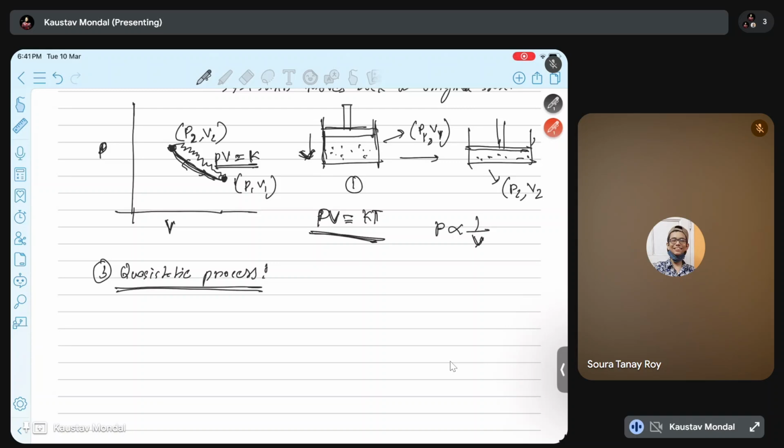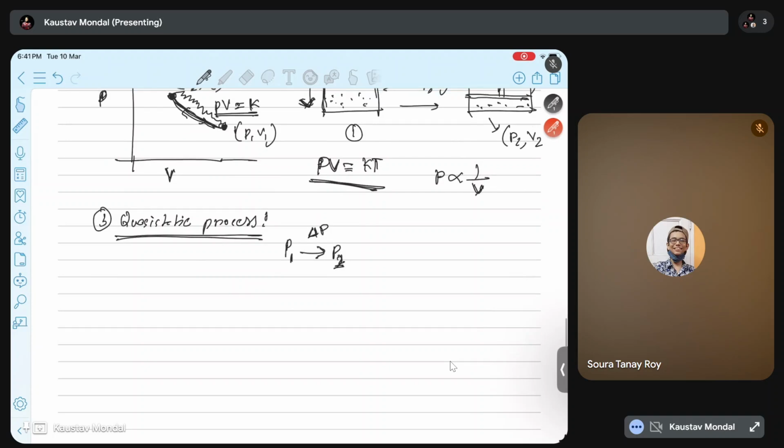It should be slow enough to maintain thermodynamic equilibrium at all intermediate steps. So let's suppose you change the pressure P1 to P2. Let's take the change as delta P. So delta P is called the quasi-static change. This whole process is known as a quasi-static process, and this is the quasi-static change. It is a very infinitesimal process.